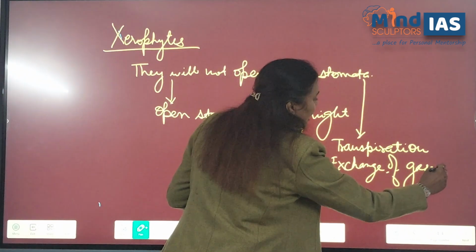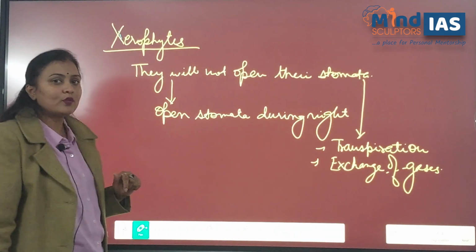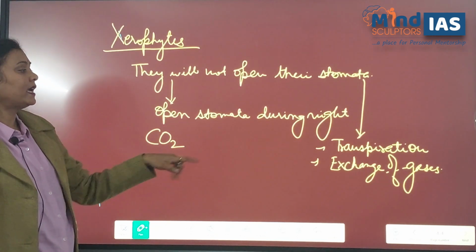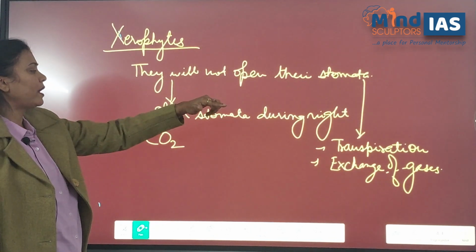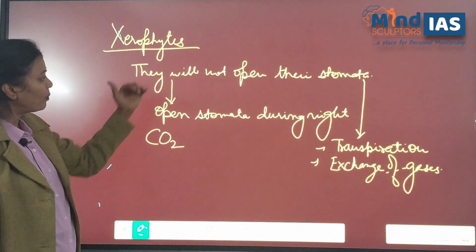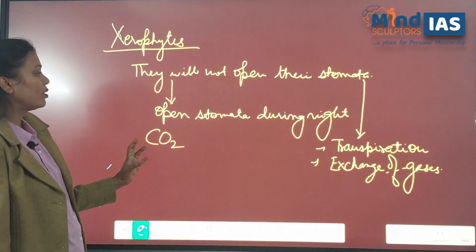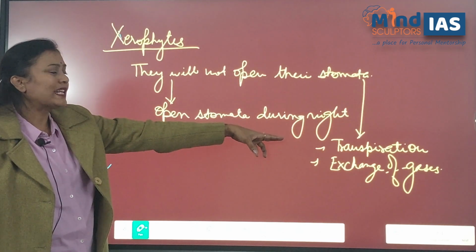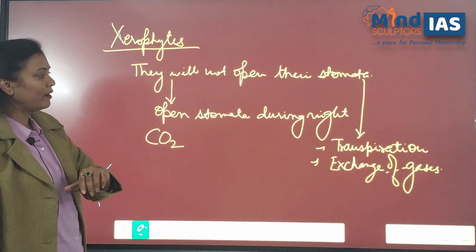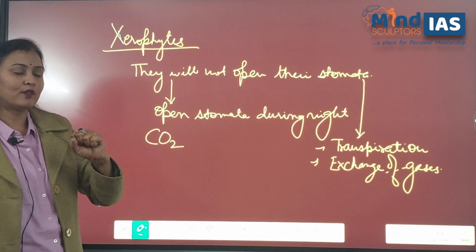And what is the gas which is important in the process of photosynthesis? Your CO2. So during the daytime they are not going to open their stomata to take carbon dioxide, because during the daytime if they open their stomata to take carbon dioxide, with this process of transpiration the entire water is lost from the plant. So what solution do they find for this?